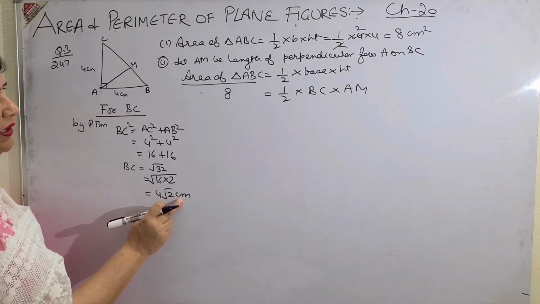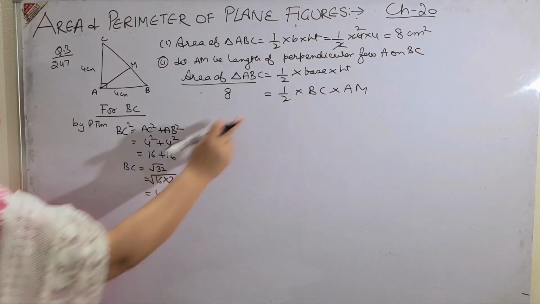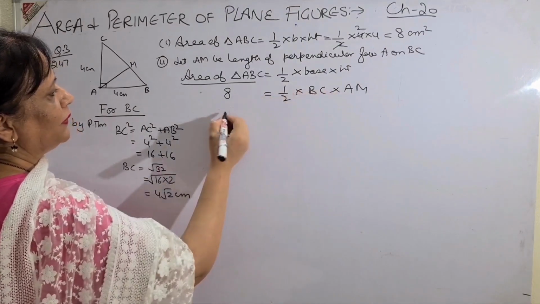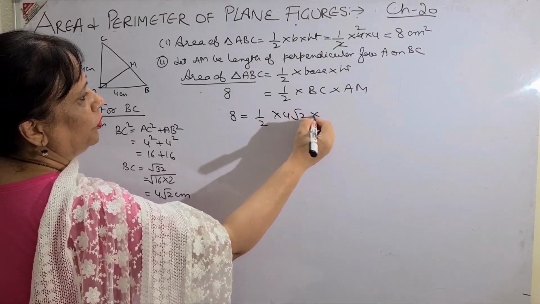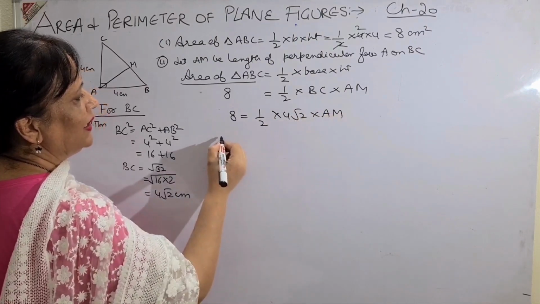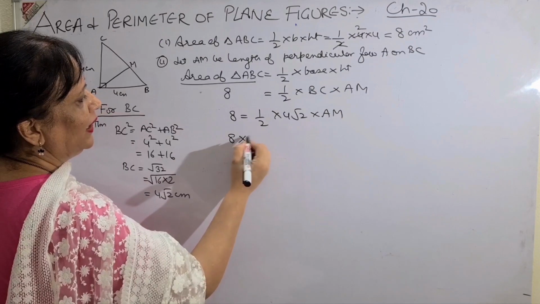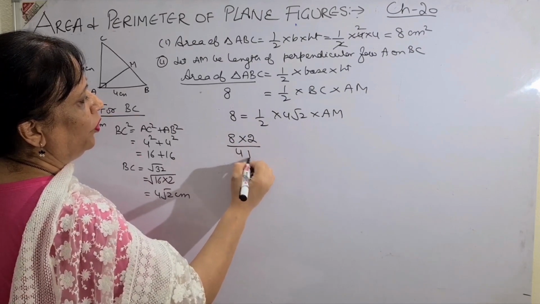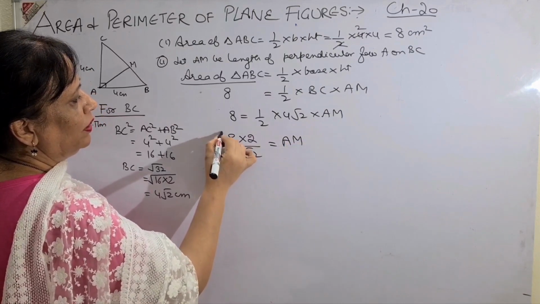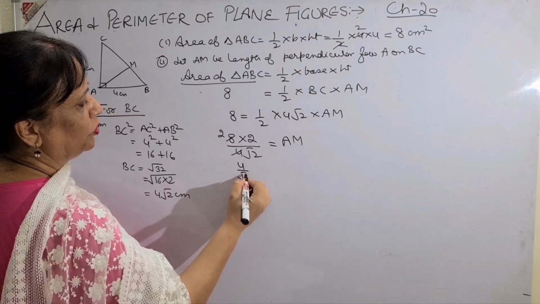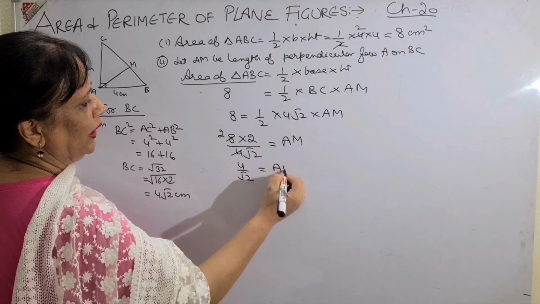Please don't forget the unit. Now you know BC, you have to find AM. Substitute the values, half into 4 root 2 into AM equals 8, and then calculate 8 into 2 upon 4 root 2 is equal to AM. 4 upon root 2 is equal to AM.